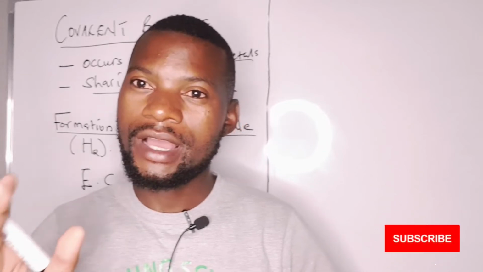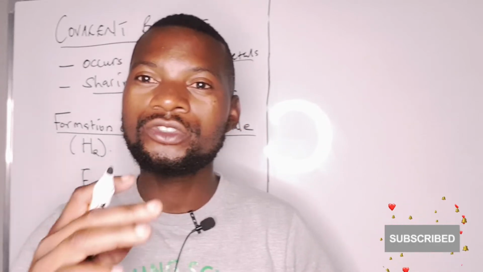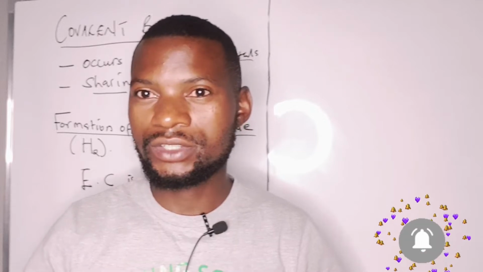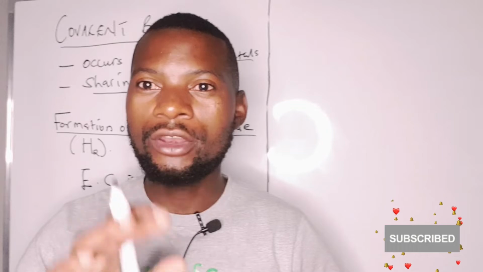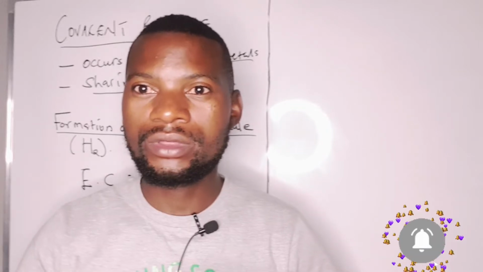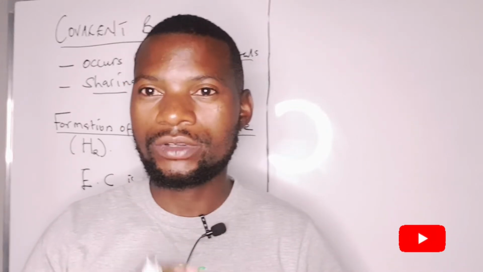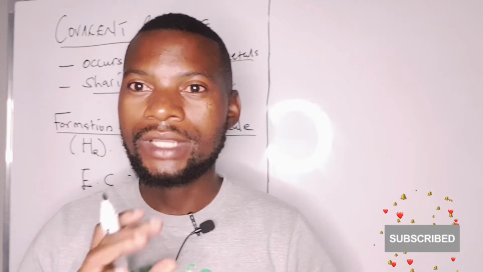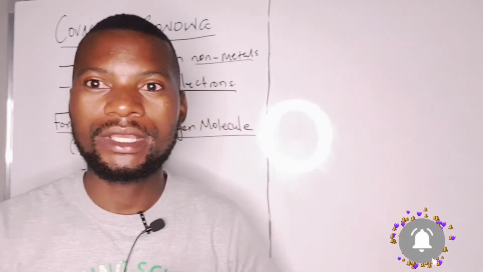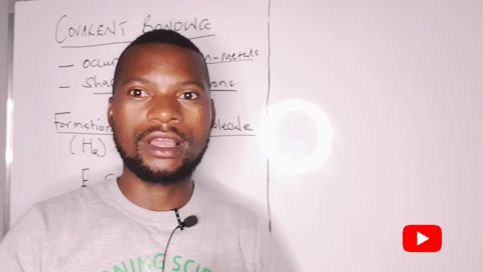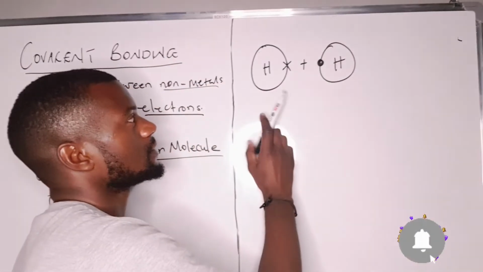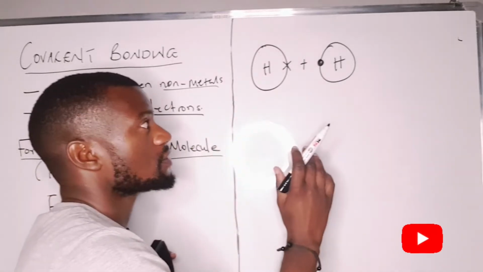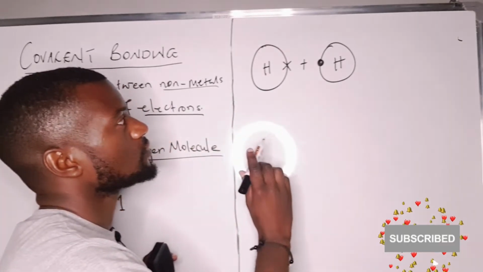So each hydrogen atom will contribute 1 valence electron so that both can obtain an octet state. So let us look at the atomic structure for the 2 hydrogen atoms.